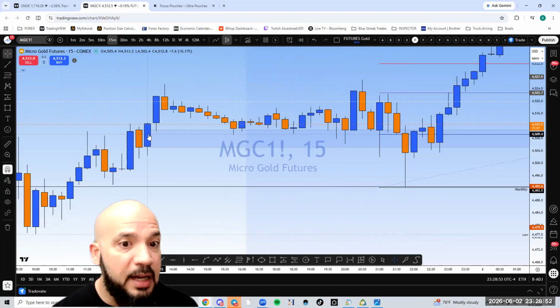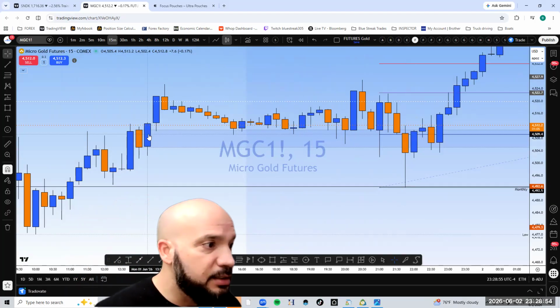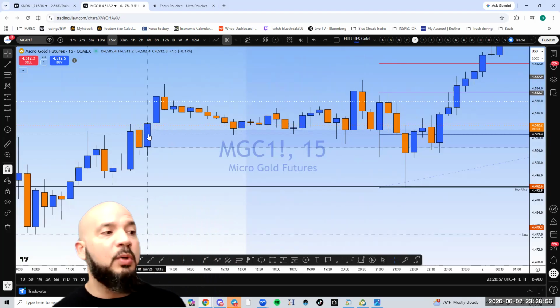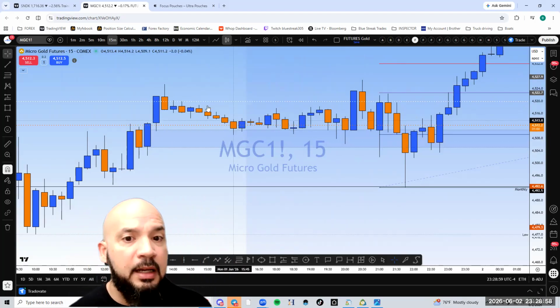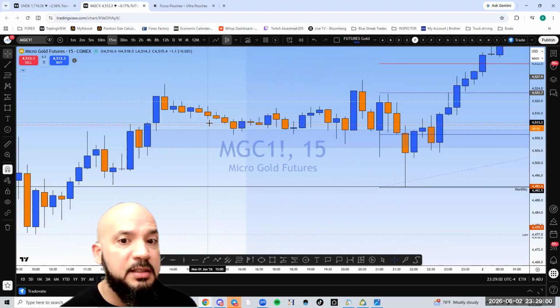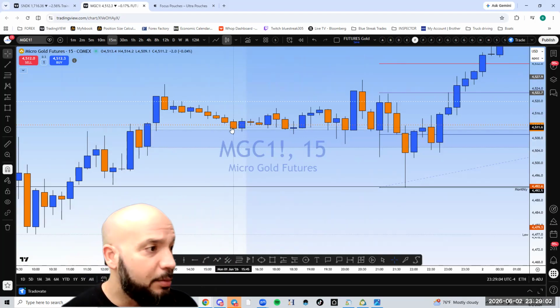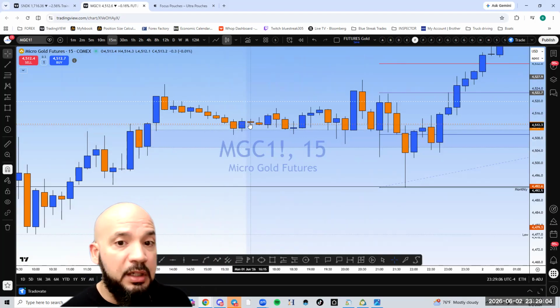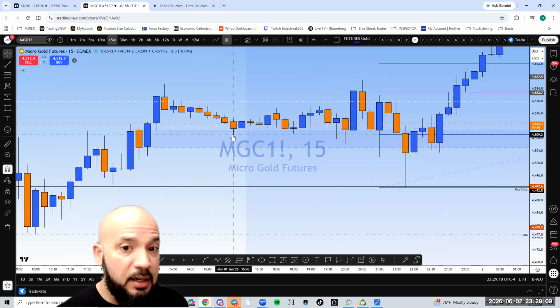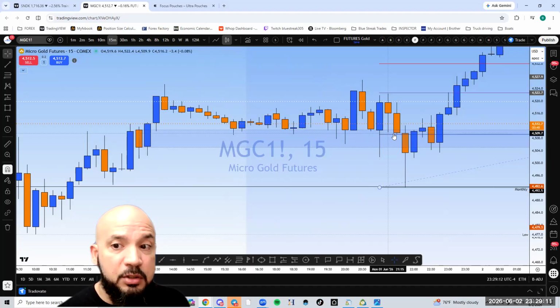So they do act as support or resistance depending where they're at, but you don't want to look at them like that. You want to look at them as areas where price is coming back to pick up orders, pick up liquidity before continuing to the upside. Sometimes it'll bounce right off the order block. Sometimes it'll run right through the order block and then continue.